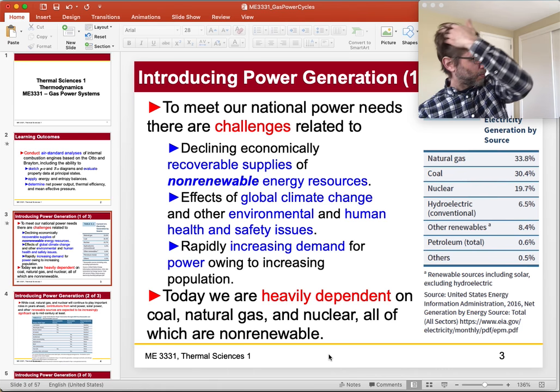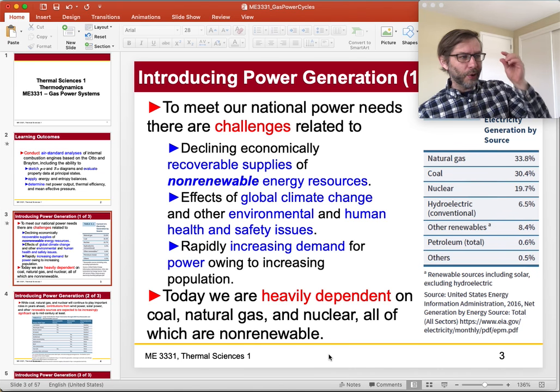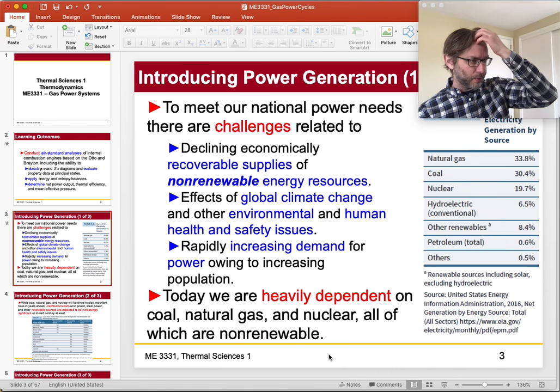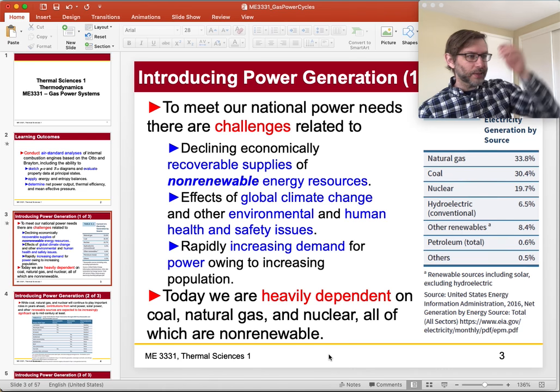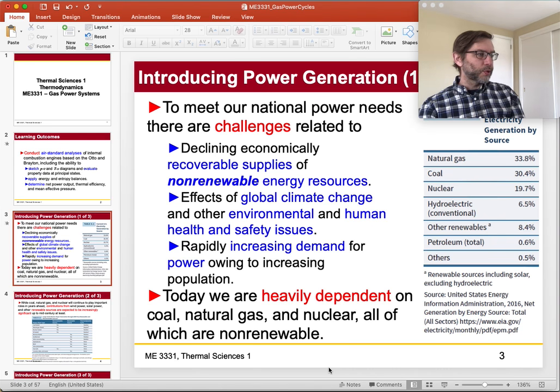Also rapidly increasing demand for power owing to increased population. This is also something we've mentioned before. So we're dependent on coal, natural gas, and fuels which are non-renewable. Petroleum is one here, for electricity generation. But really, when it comes to transportation, petroleum is 99%, right?